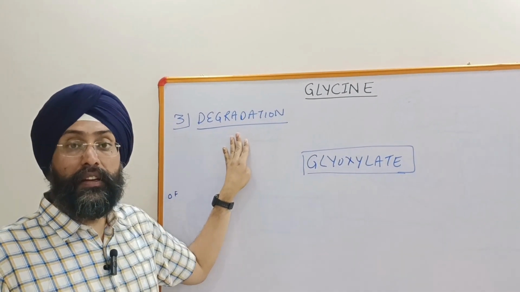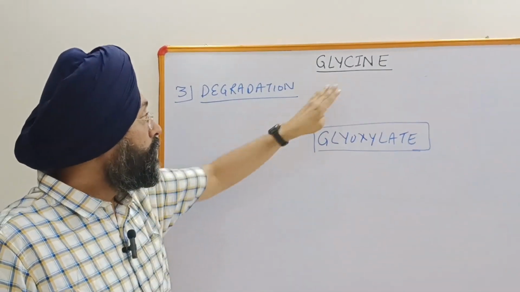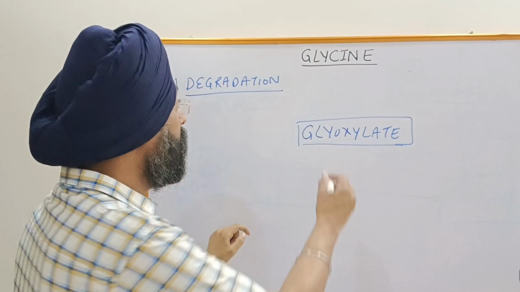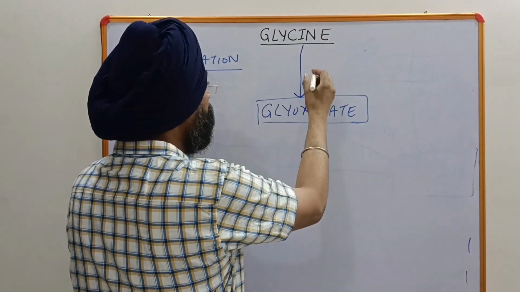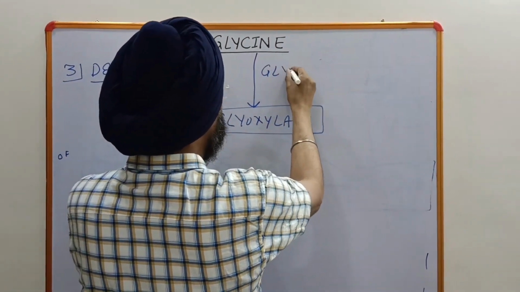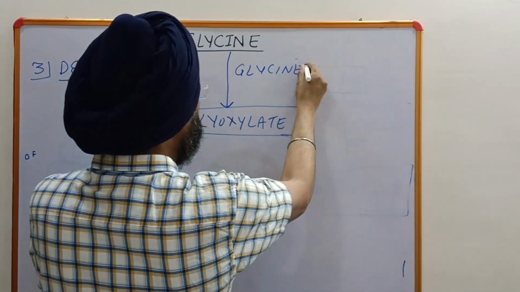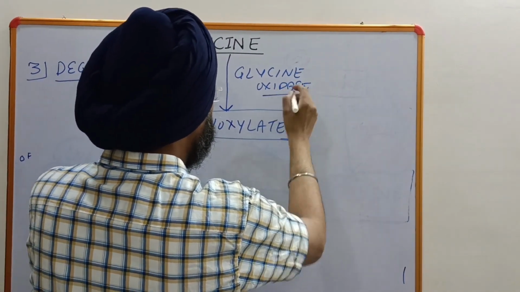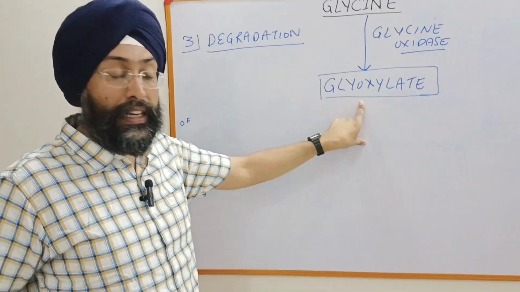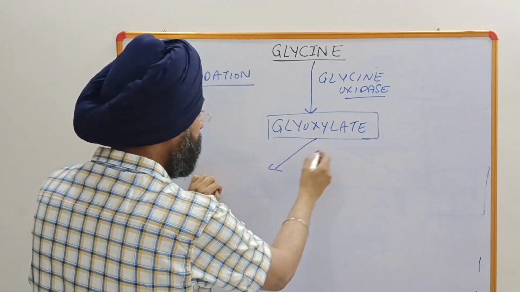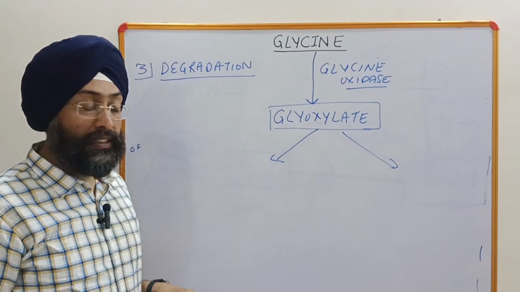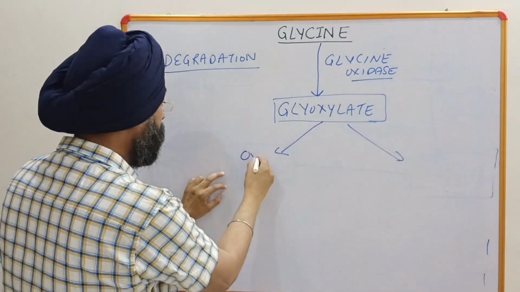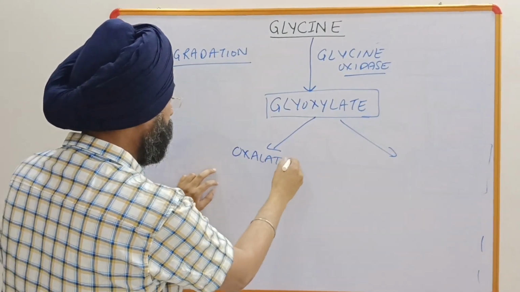Now we'll start with degradation of glycine. First of all, we have glycine. It will undergo a reaction by glycine oxidase to form glyoxylate. Now glyoxylate has two further pathways. First, it can form oxalate.